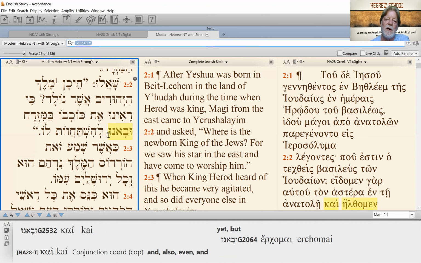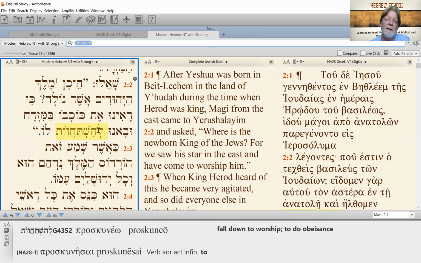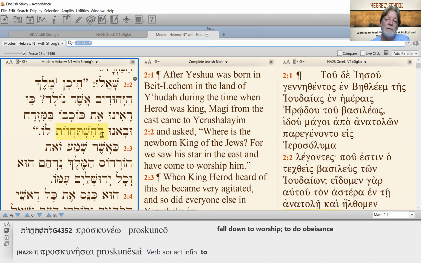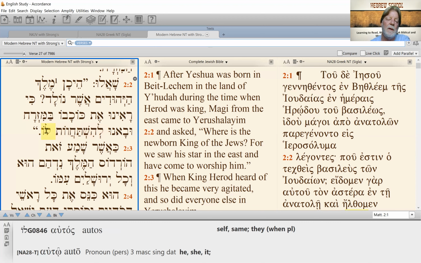Uvanu, and we have come, le, the Lamed prefix, meaning to. And here the prefix can mean to, like in the direction of Jerusalem, or it can express purpose, like in order to, hishtachavot, to worship or to give worship, lo, to him.